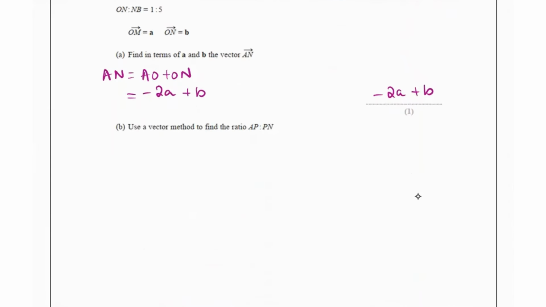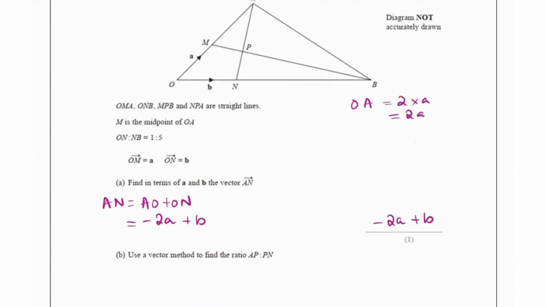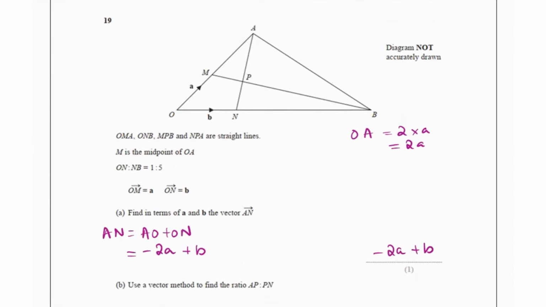Then use a vector method to find the ratio of AP is to PN. So for AP is to PN, AP is this and PN. Okay. So if you notice, the question has also told us that ON is to NB is 1 is to 5. So let's use that information to further solve this. If this is 1 is to 5, ON is B, that means NB is going to be 5B, which means OB is going to be B plus 5B, and that's 6B.